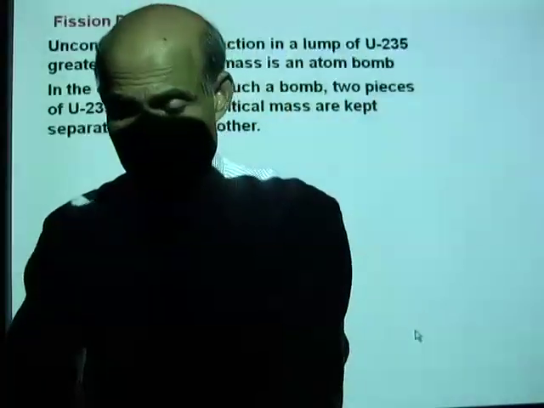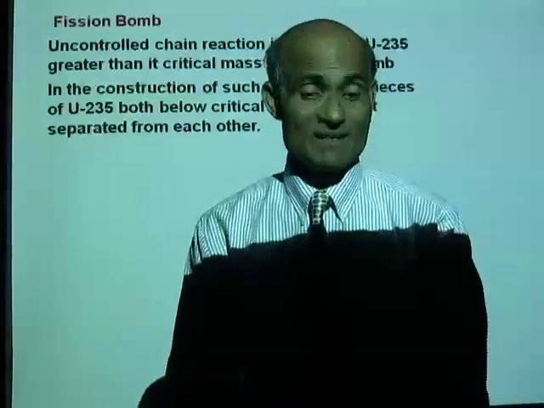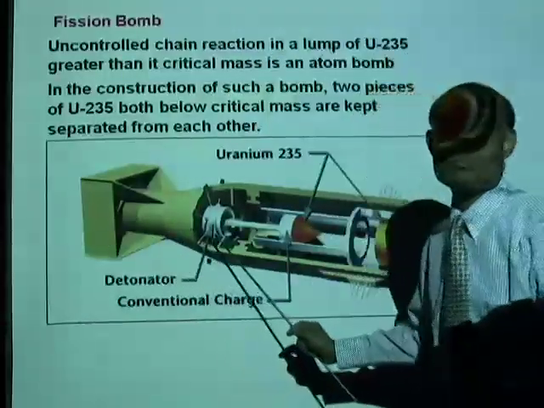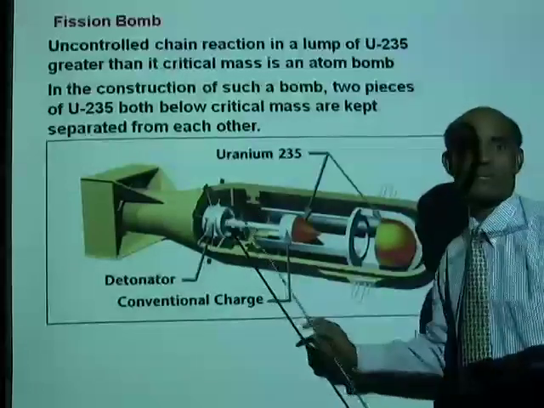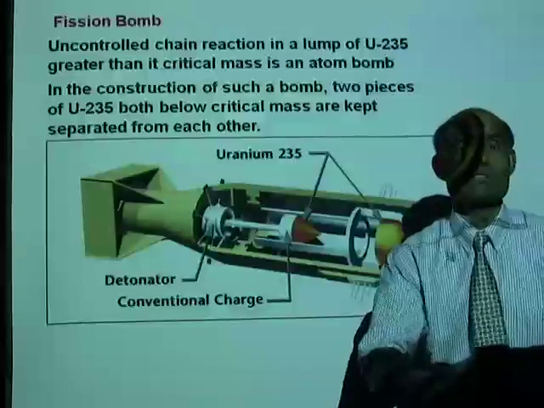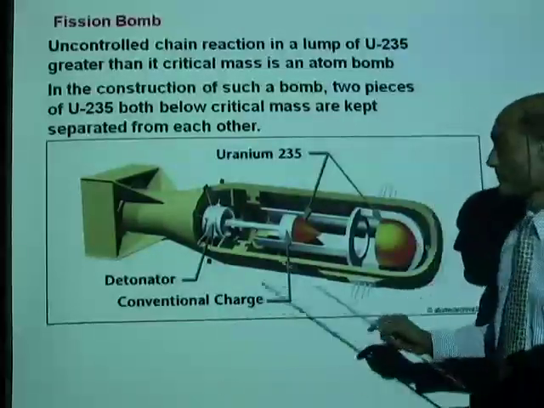How is it done? America was the first country which did that, and the bomb that was dropped on Hiroshima was a bomb like this. Now, what is done is, we have a detonator. The sound you heard is one of the uranium pieces falling down, but fortunately, it is still subcritical.